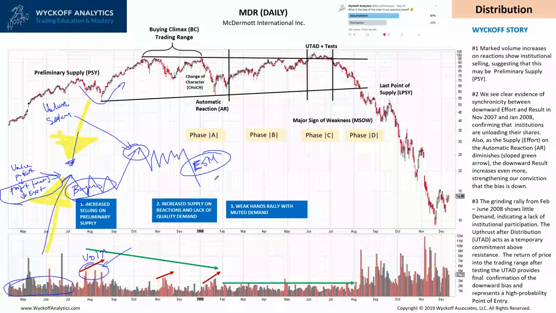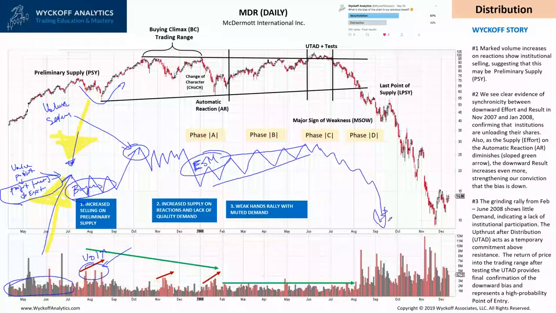That tells you that you don't have any legs behind you, right? So then you try to avoid trouble by not exerting a lot of energy. That's what this rally is about. And then you're gradually going to collapse and capitulate at some point, and you're going to lose that fight. So that's how this fight in McDermott was lost by the buyers.